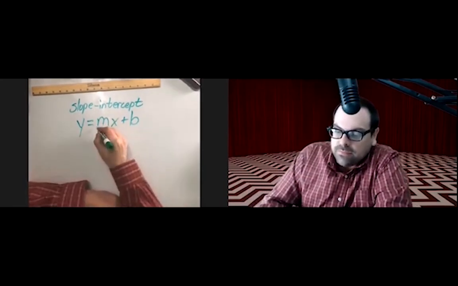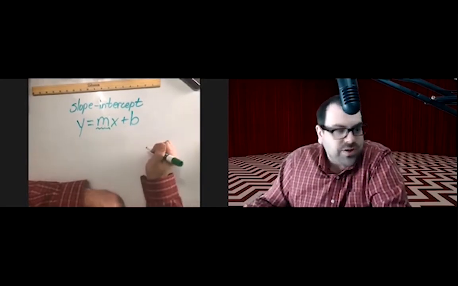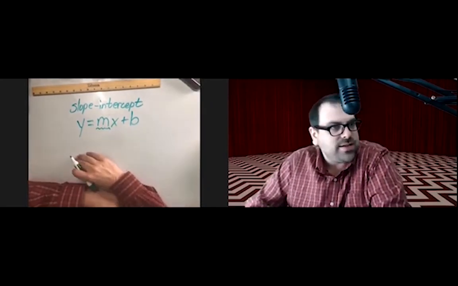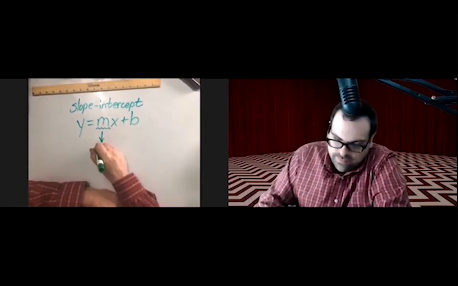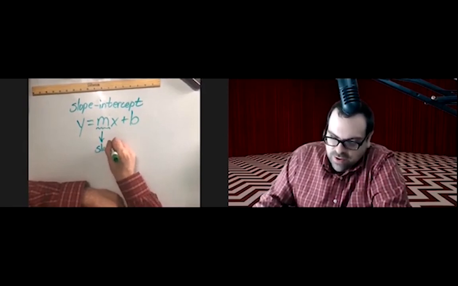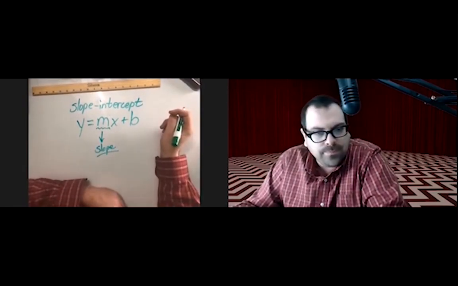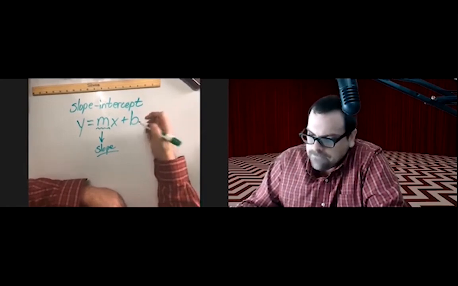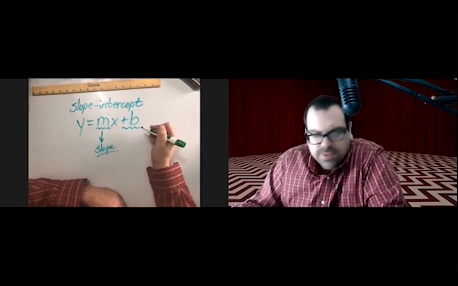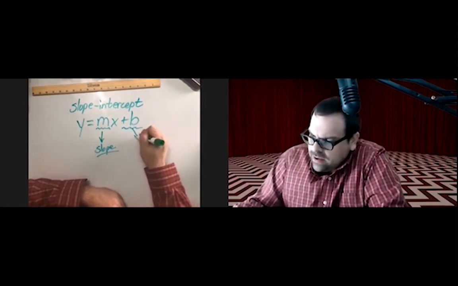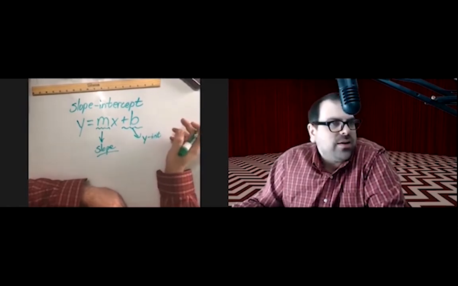The number that is multiplied by x, the coefficient of x, when everything on the other side is just solved for y, m, no surprise here, that's the slope. M is our slope letter. The constant term, the b, that's actually going to be the y-intercept.